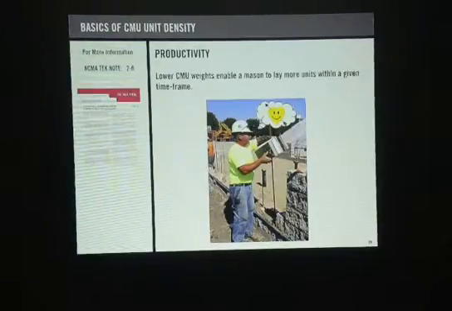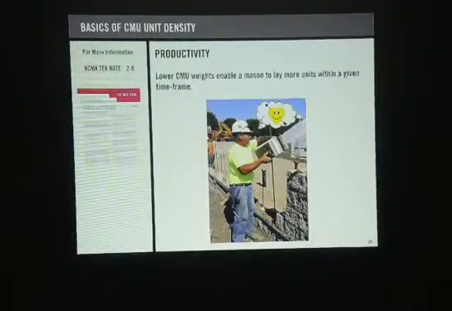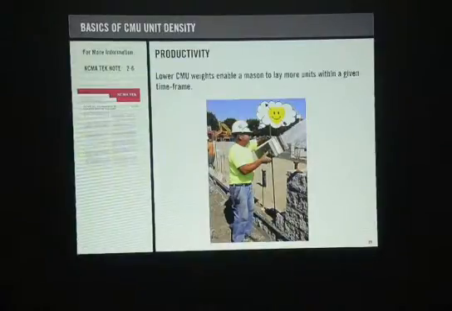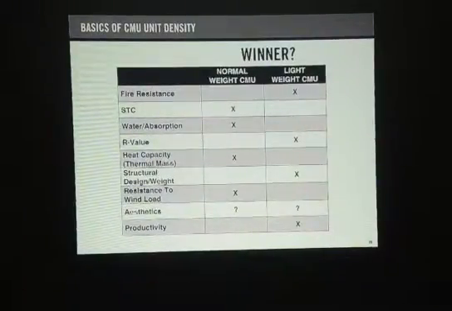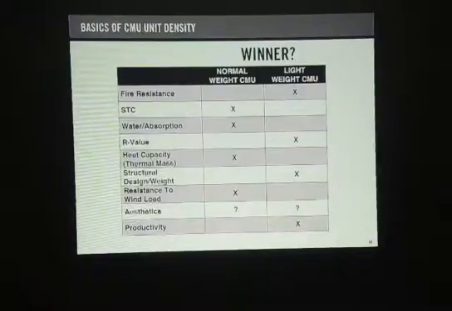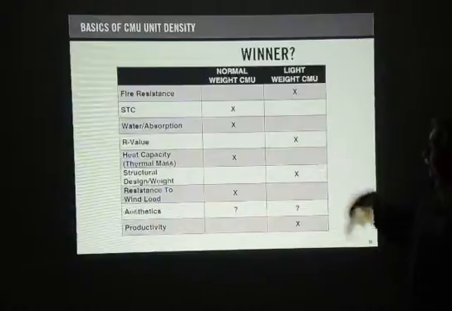This is in San Diego, and I actually saw it back in December when I first started with the company. The local rep down there did the specification with a local architect for this detention center. And there's been others that have popped up since, one of them in San Diego, and there's another one coming up in Monterey. Okay, I mentioned earlier that normal weight has its advantages, lightweight has its advantages.